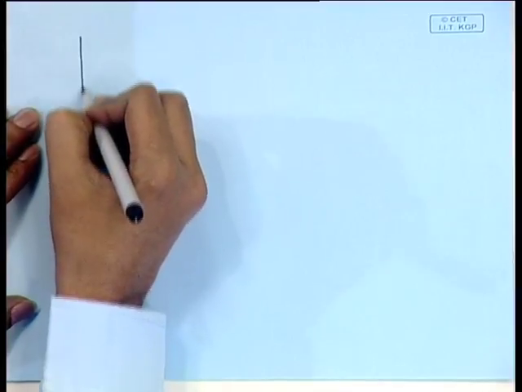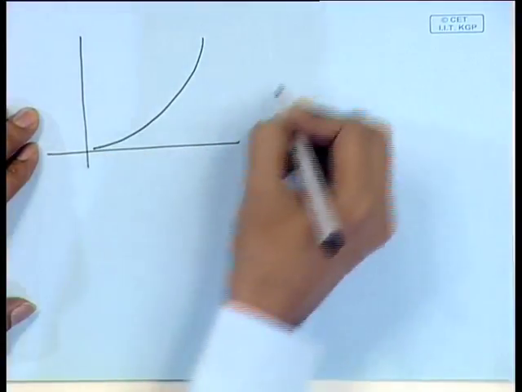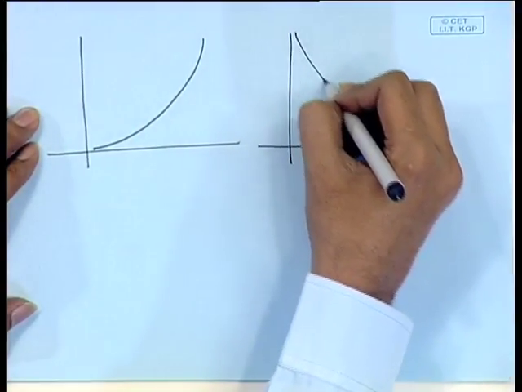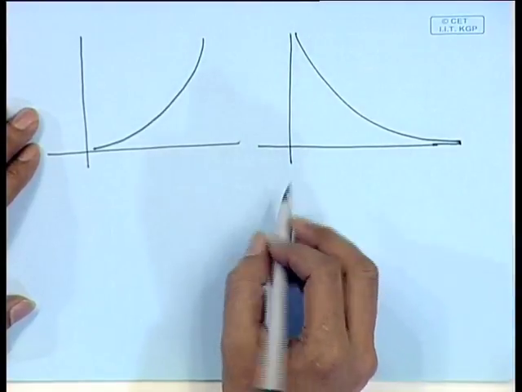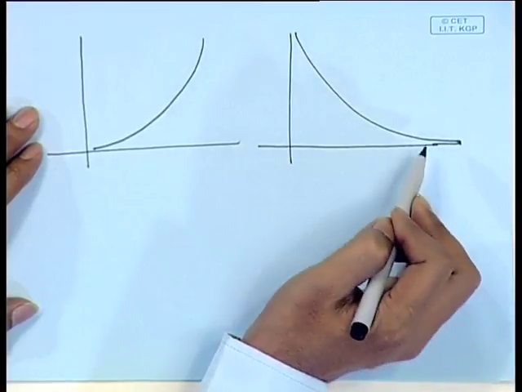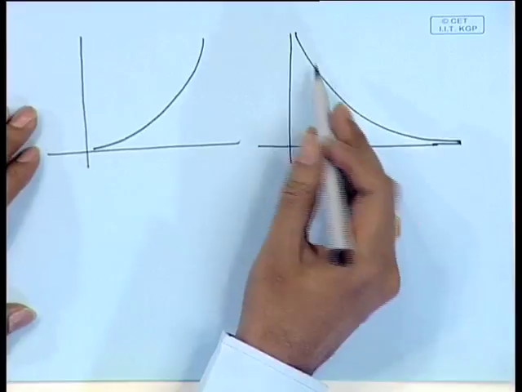You may also have curves of this nature. That means, totally increasing or totally decreasing kind of thing. For example, this shows the frequency distribution of the families with certain incomes.